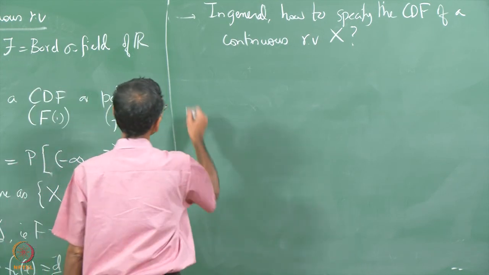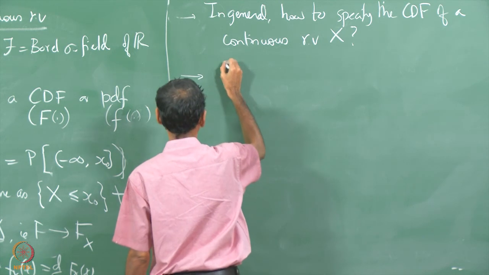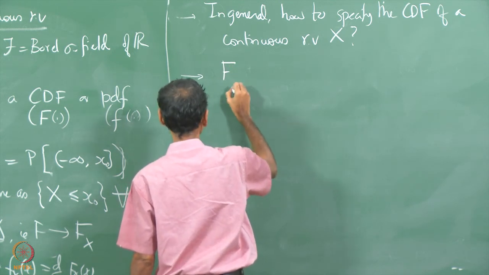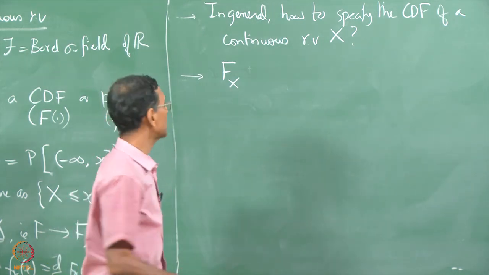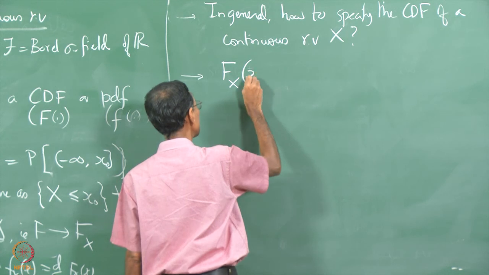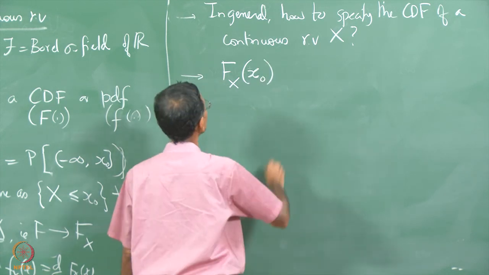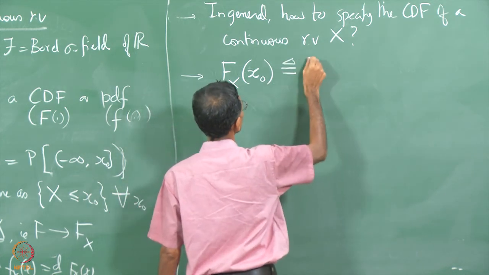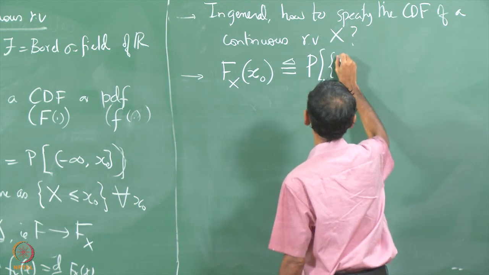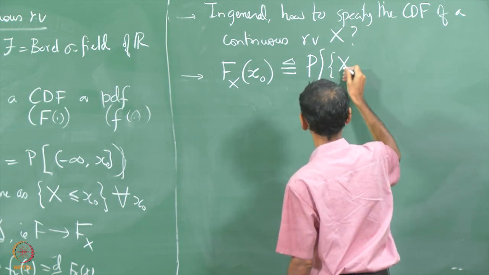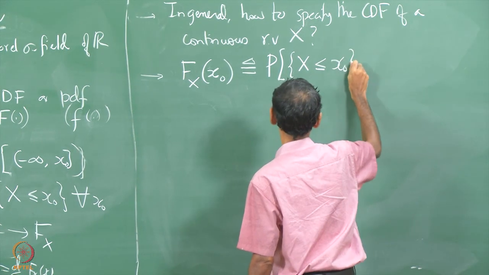Basically, you do it using the definition of a CDF. The CDF of X, denoted by capital F subscript X, at any real argument x naught, is defined to be the probability that X takes a value no bigger than x naught.